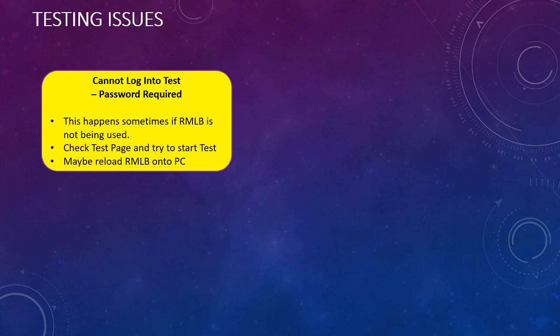So I would go back to the test landing page, check the test, hit that view test page and see if it's successful, and then maybe try entering the test again. You could also close the browser and go back into eCampus, go back into MyLab Math, go back into the test and see if it works. At this point, if you're not into the test, you're not using any of your time.